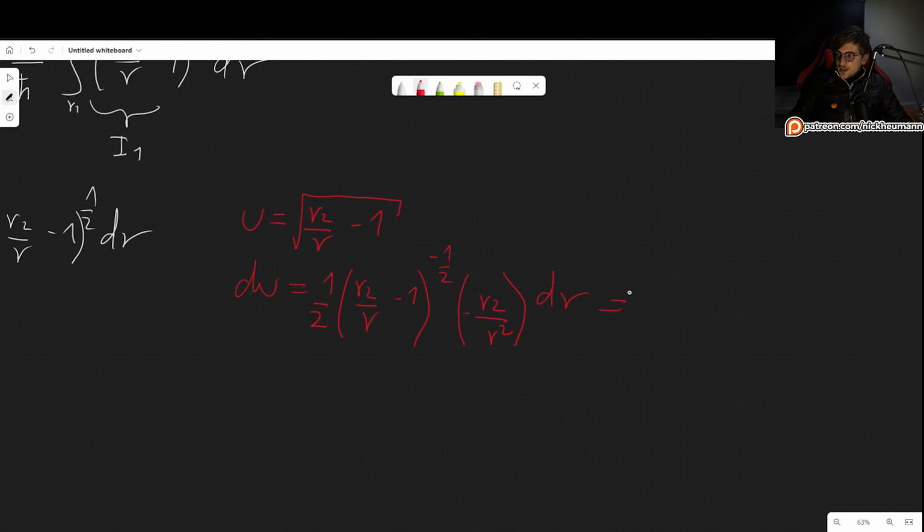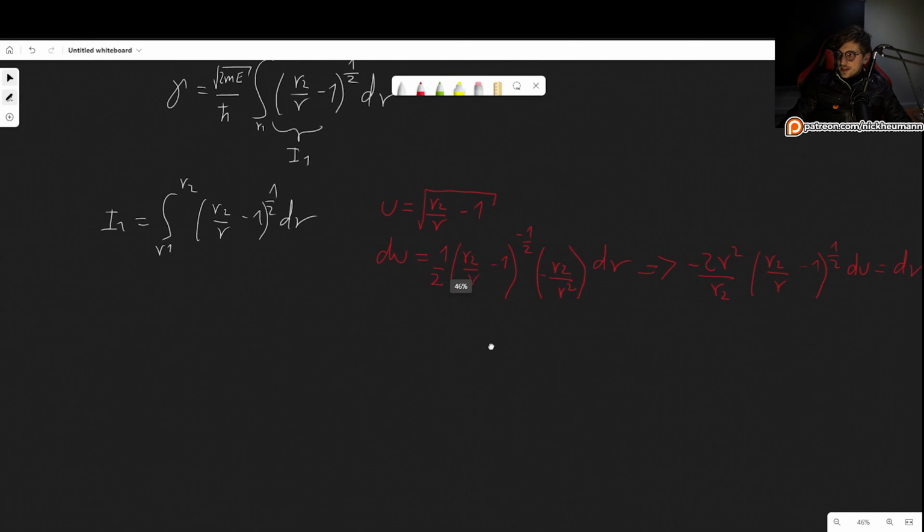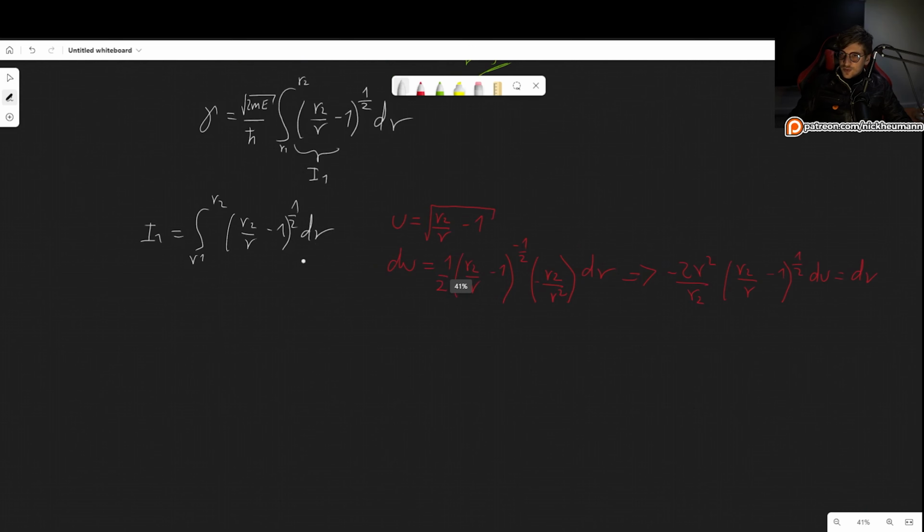So let's do that. To find it, let's multiply by minus 2 r squared over r2. So we get minus 2 r squared over r2. And then we need to multiply by this thing to the 1/2, so times (r2 over r minus 1) to the 1/2. And this is du equal to dr. And there we go. Now we can write the integral, at least partially, in terms of u.